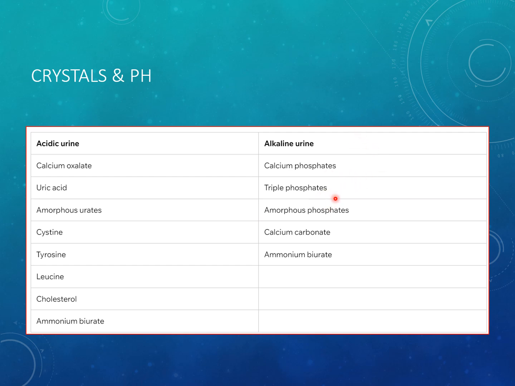These are often called infection crystals or stones, because once the urine is more alkaline from a bacterial infection, we're more likely to see triple phosphates or struvites. Also, since we talked about uric acid already, uric acid crystals are more likely to form in acidic urine. And ammonium biurate can form in either type.